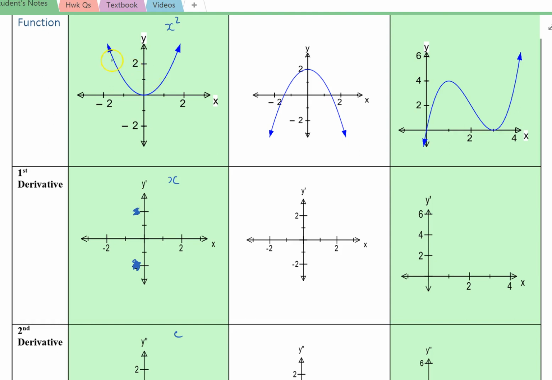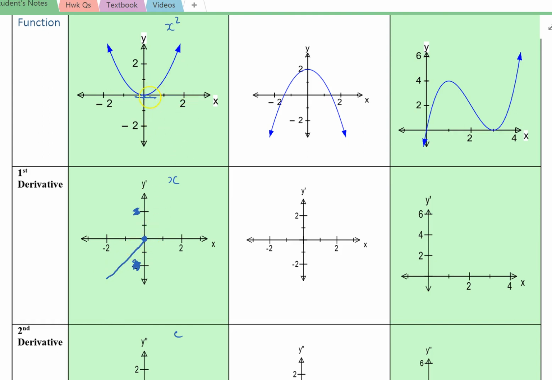But what I do know about the gradient is that at this point, the gradient is 0. So my first derivative is definitely going to go through that point. Prior to that, the gradients were negative, and steeply negative, negative, not so negative.